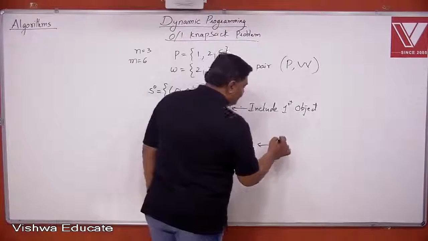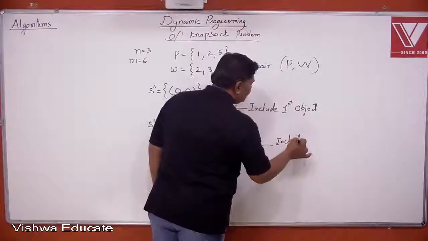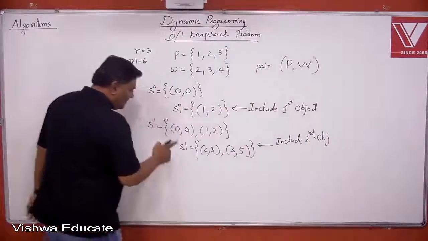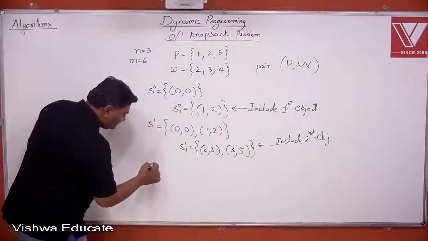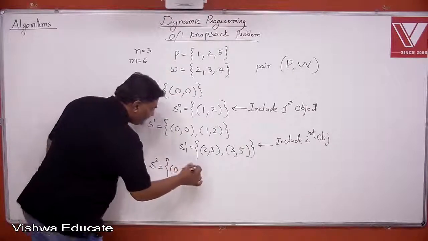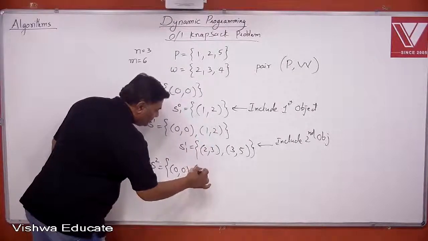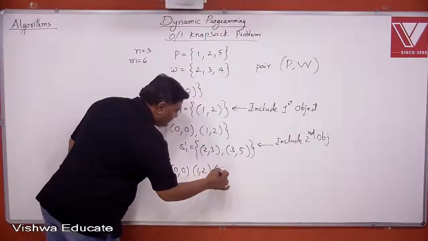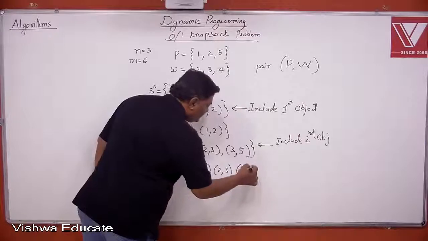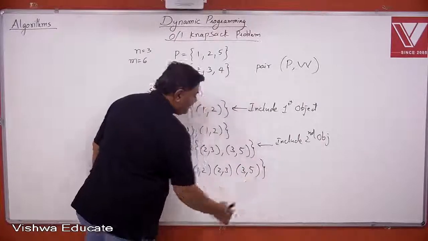What we have done here is include the second object. Now merge these two, so we get S2. That S2 is 0, 0 and 1, 2, then 2, 3. I'm not writing commas in between, so you know they are separate.